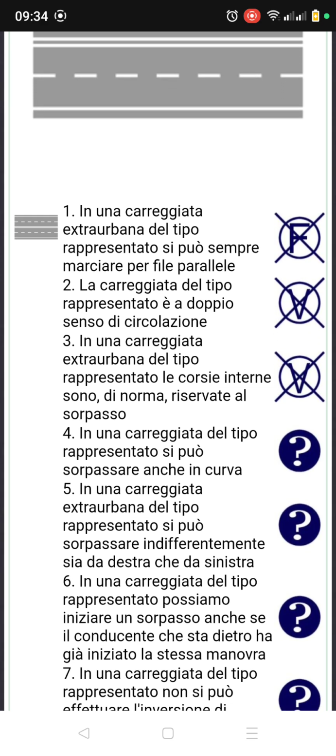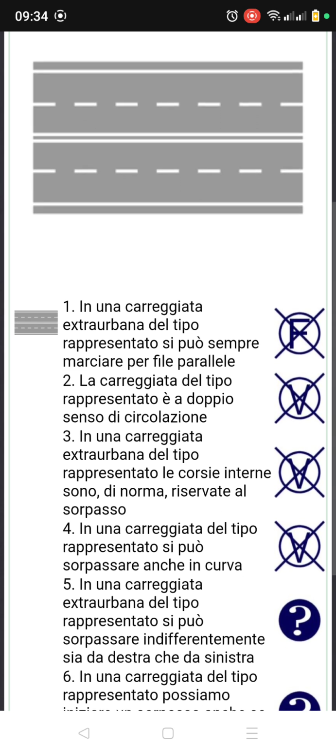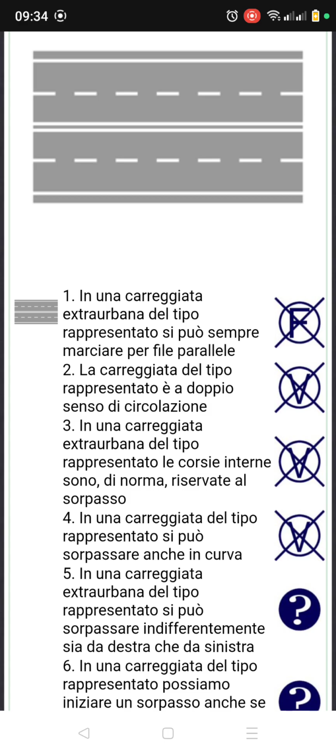Number 4. In una carreggiata di tipo rappresentato, si può sorpassare anche in curva. Yes, very, very true. So the idea is this. This very carreggiata that you are seeing here is two-way circulation. Two of the lanes are heading in one direction, while the other 2 lanes are heading in the opposite direction. So the cars cannot meet each other.